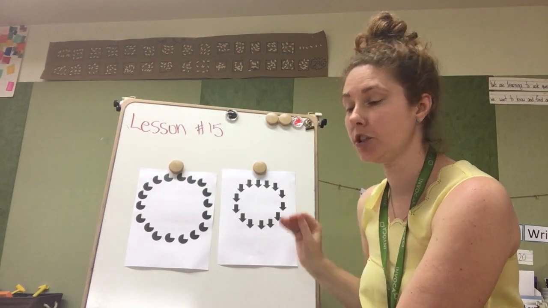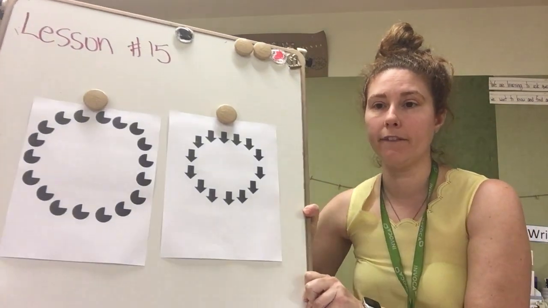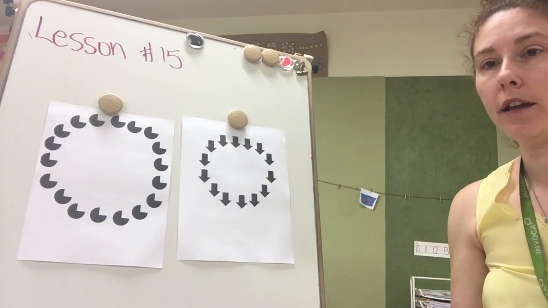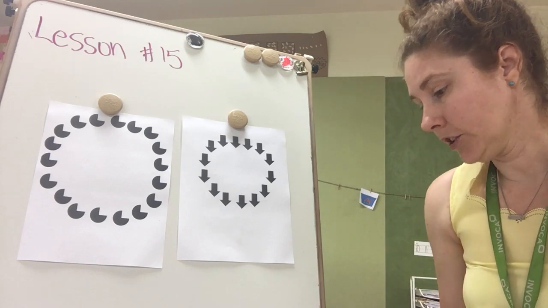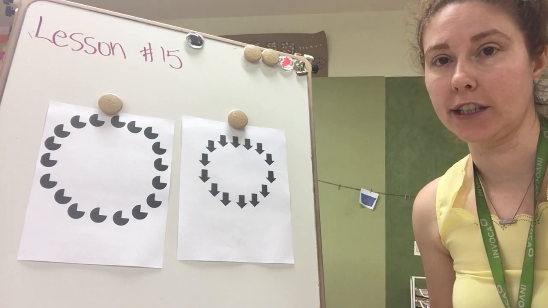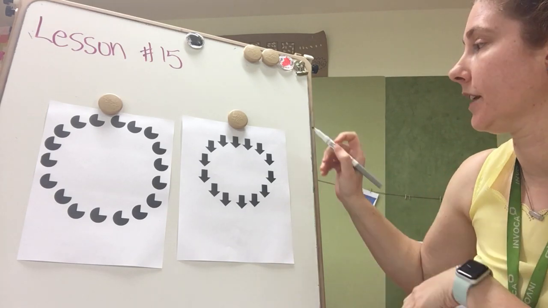Look at these circular configurations and figure out how many arrows and how many Pac-Mans there are. It's going to be tricky, especially since you're looking at a screen and counting. You can't draw or mark off as you do it, so we can do it together.